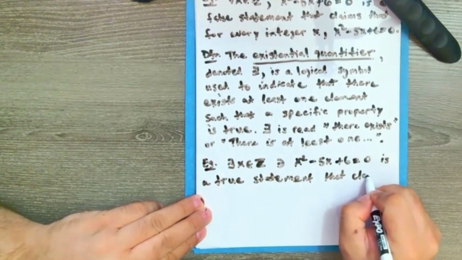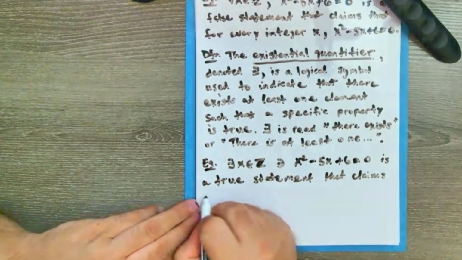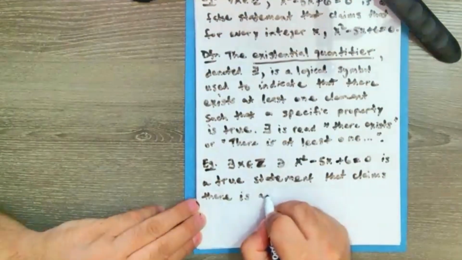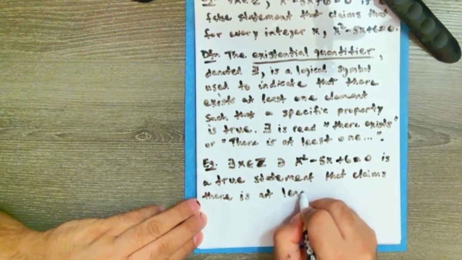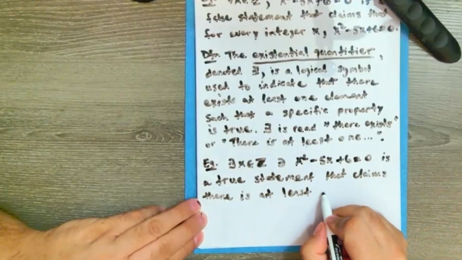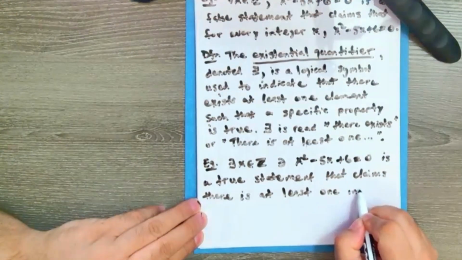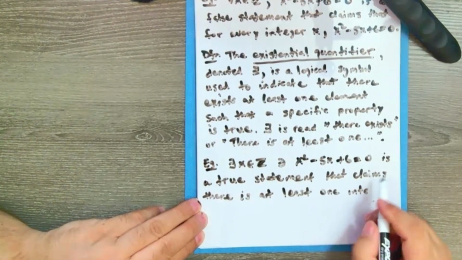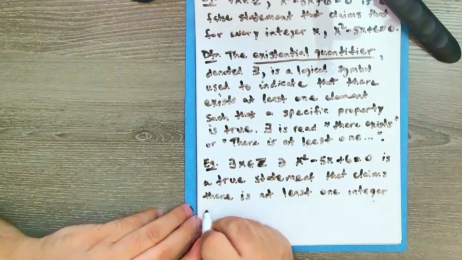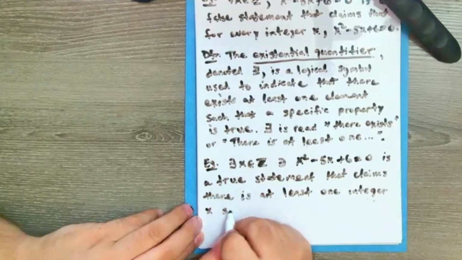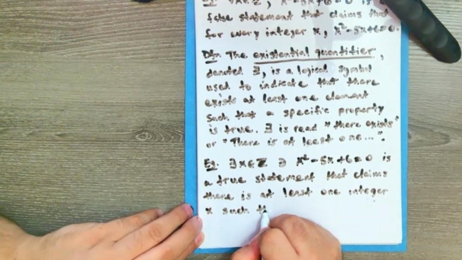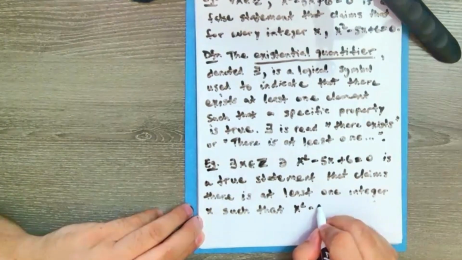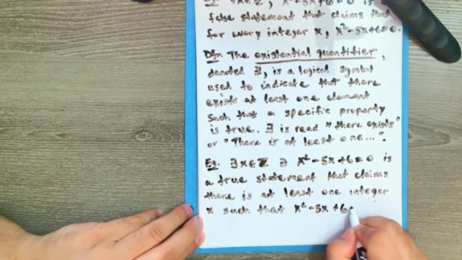That claims there is at least one integer x such that x squared minus 5x plus 6 is equal to 0.